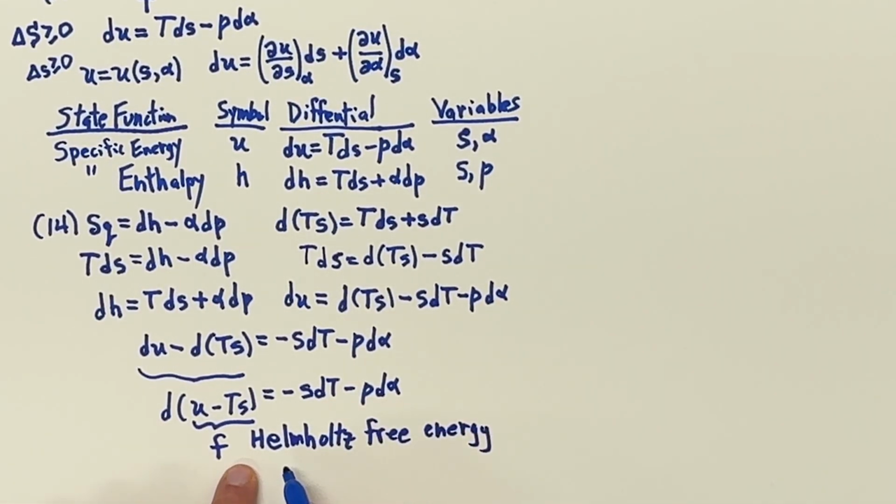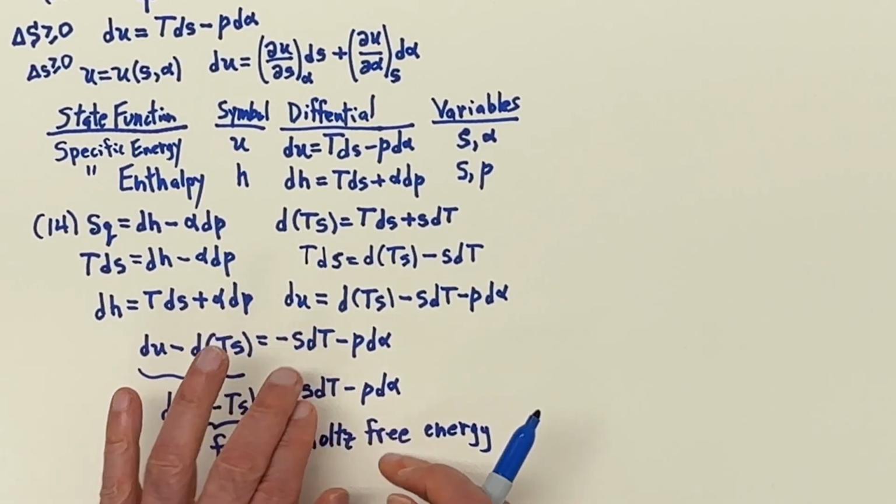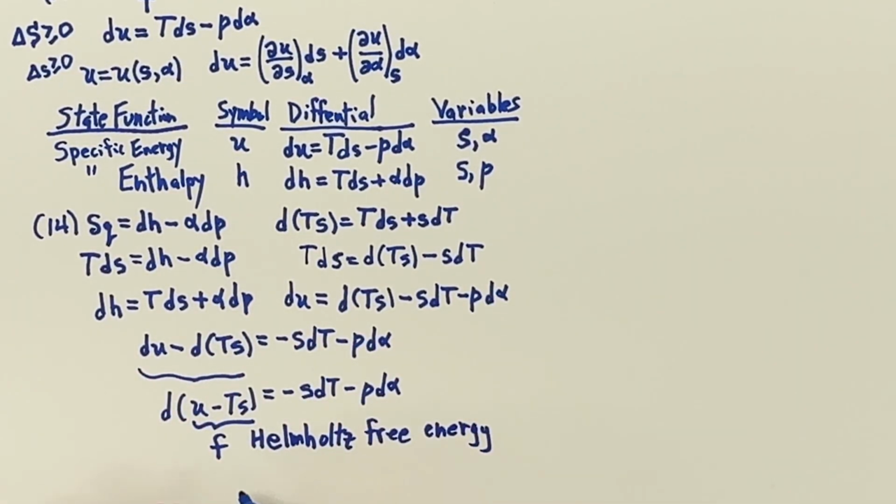Now the neat thing about this, and why they call it this, is that at constant temperature, that's dt to be 0, and then this is work. So when work is done, you're subtracting. In other words, you're making the Helmholtz free energy less because of that minus sign. So you can think of that as, say, delta F, write it in delta form.